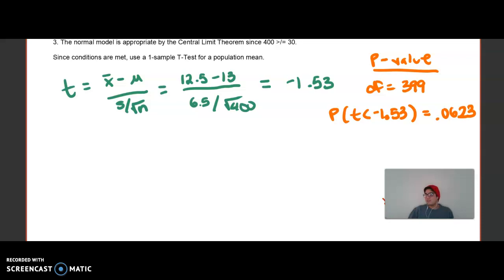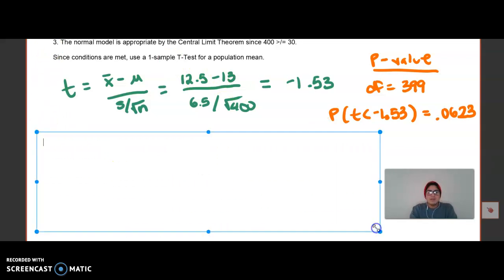So that means, since our p-value is low, and this is, oh no, it's not low. Let's do this together. Here, we would say something like, since p-value equals 0.0623 is greater than alpha at 0.05, we fail to reject the null hypothesis.